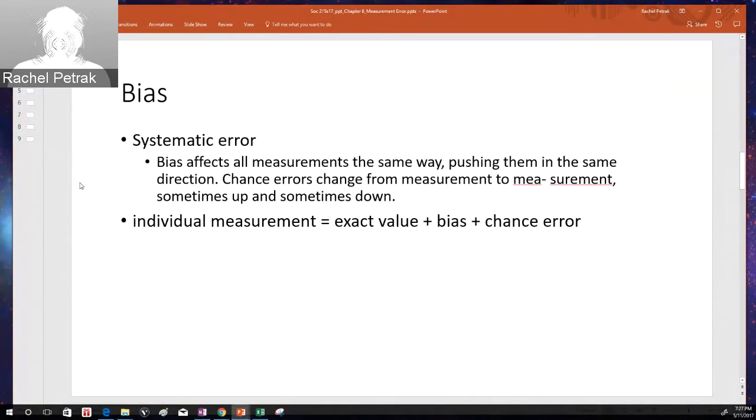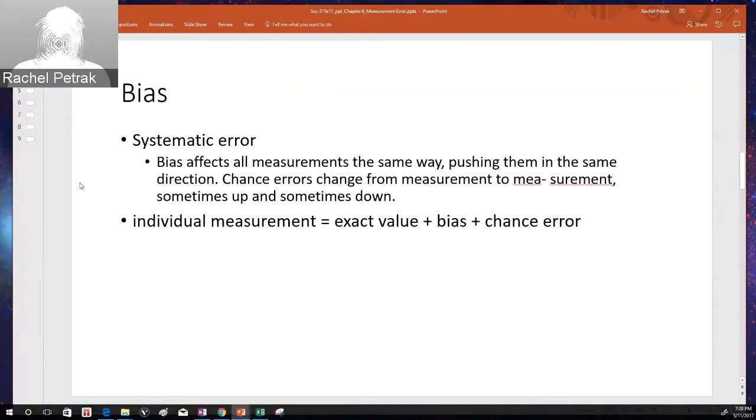One source of bias that I know probably all of my nurses out there and many of the rest of us are familiar with is the effect of getting a blood pressure in clinical scenarios.